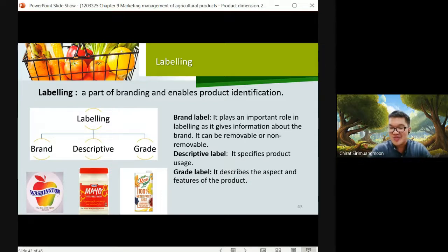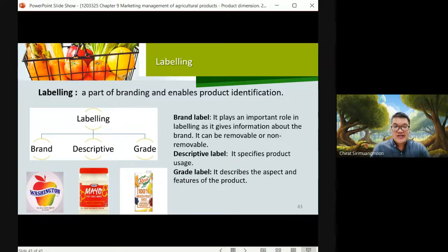You use descriptive labeling. In this case, you provide the consumer some information like fat-free, lactose-free. And the last one is the grade. You just claim this is 100% or no fat, or maybe sometimes you claim that this is 0 calories. So this is the grade label.